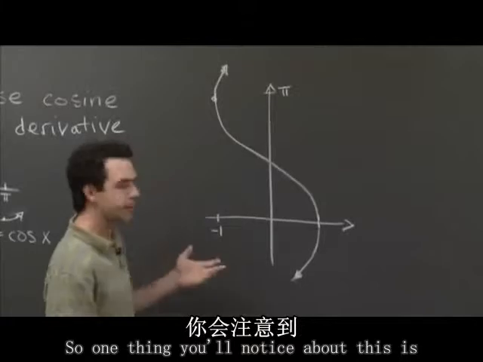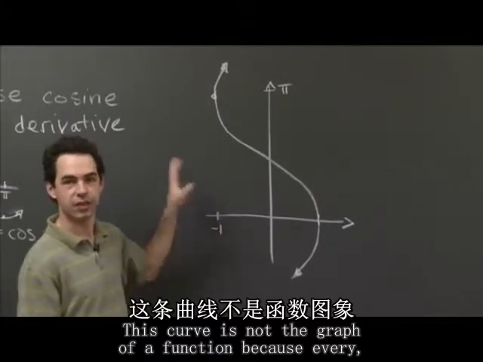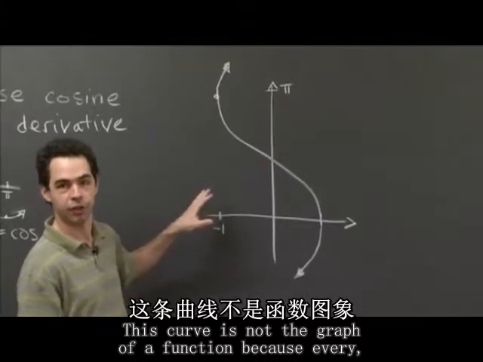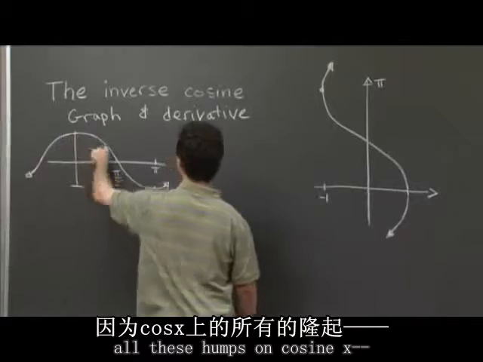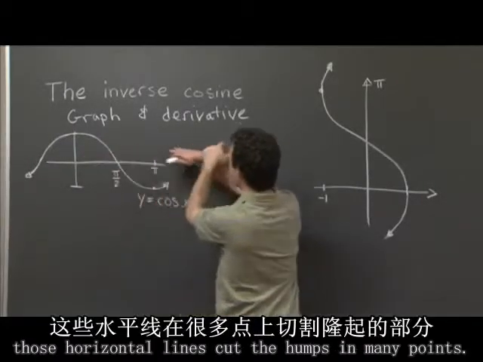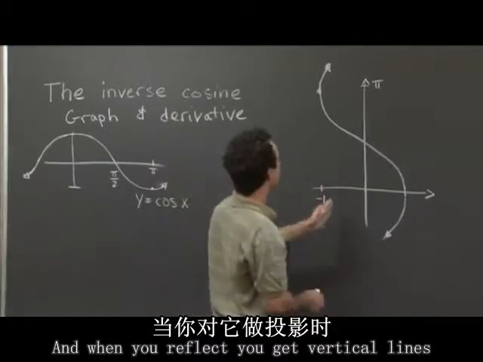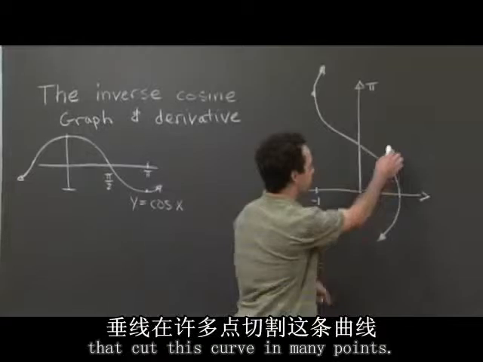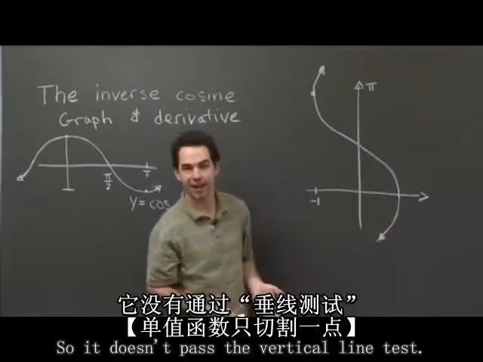One thing you'll notice is that it's not a function. This curve is not the graph of a function, because all these humps on cosine x, there are more humps out here. Those horizontal lines cut the humps in many points, and when you reflect, you get vertical lines that cut this curve in many points. So it doesn't pass the vertical line test.